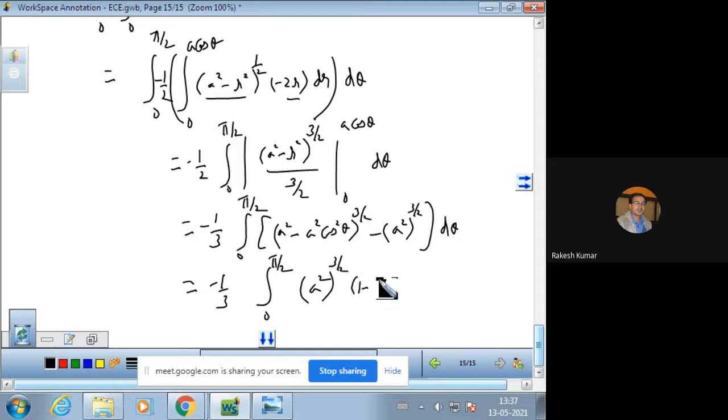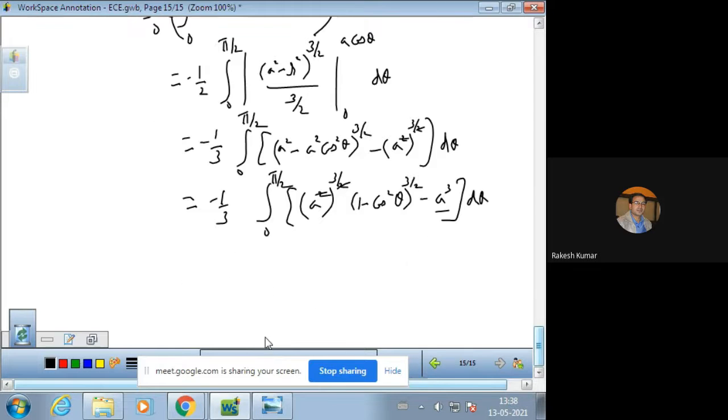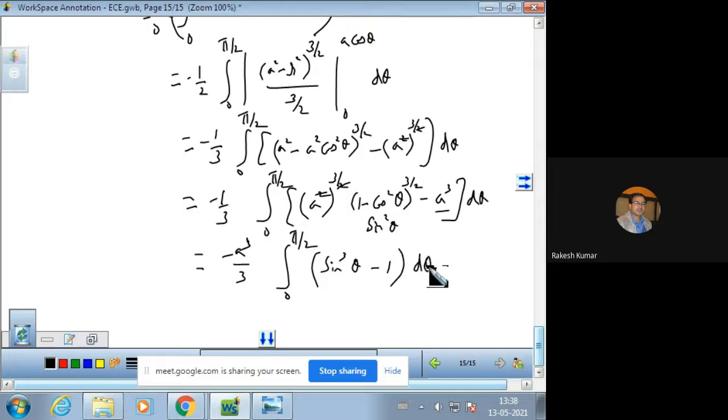And here you will have 1 minus cos square theta raised to power 3 by 2, minus a cube. So this is a cube, this is also a cube, so a cube can be taken common, and you will have minus a cube over 3, 0 to pi by 2. 1 minus cos square will be sine square. Square will be cancelled, and you will have sine cube theta minus 1, into d theta.